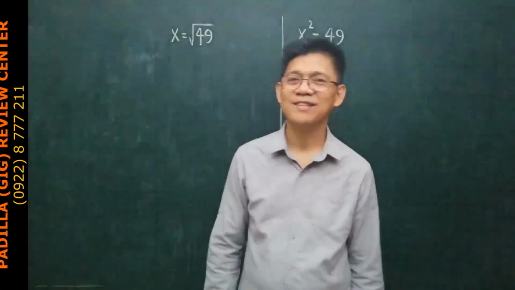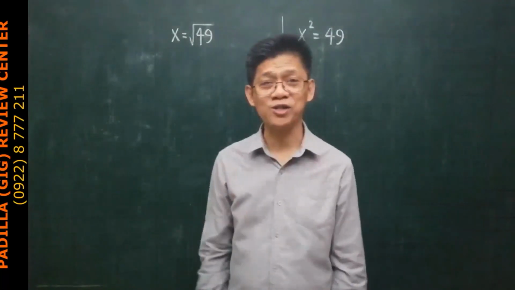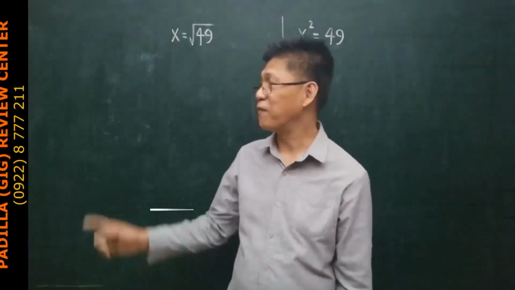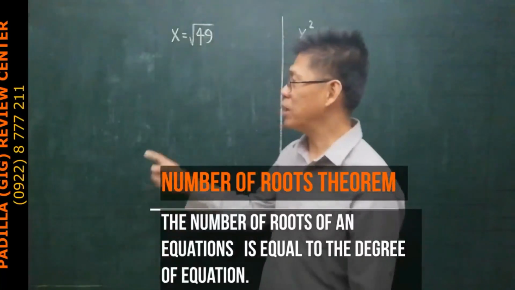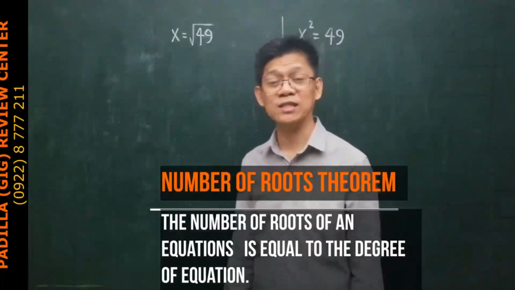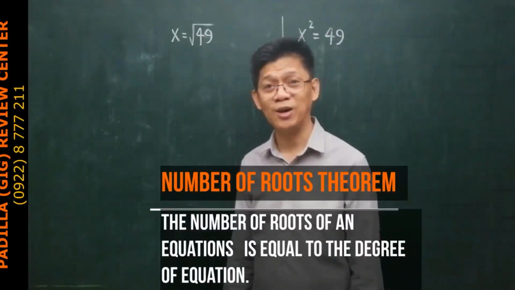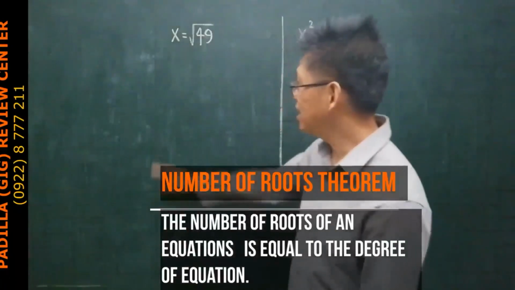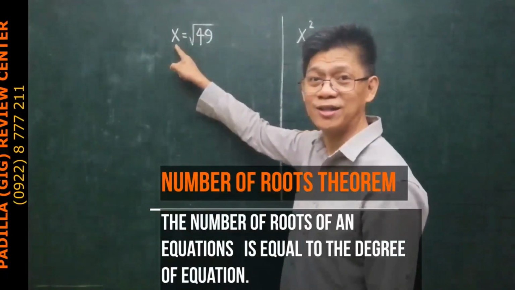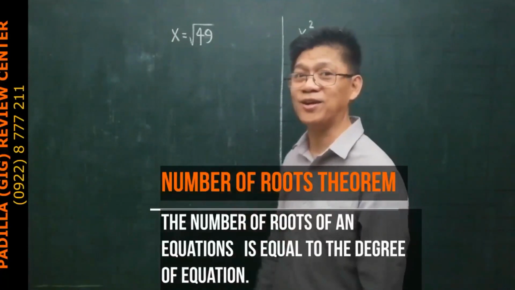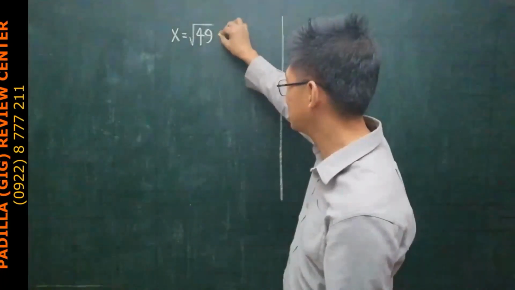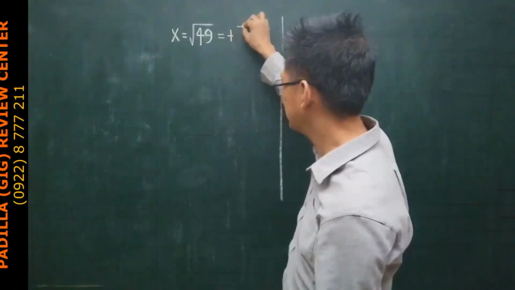They are not. The key to solving these equations is the first theorem of equations. The number of roots of an equation is equal to the degree of the equation. This is a first degree equation. There is only one root. There is only one x here. So that is plus 7.